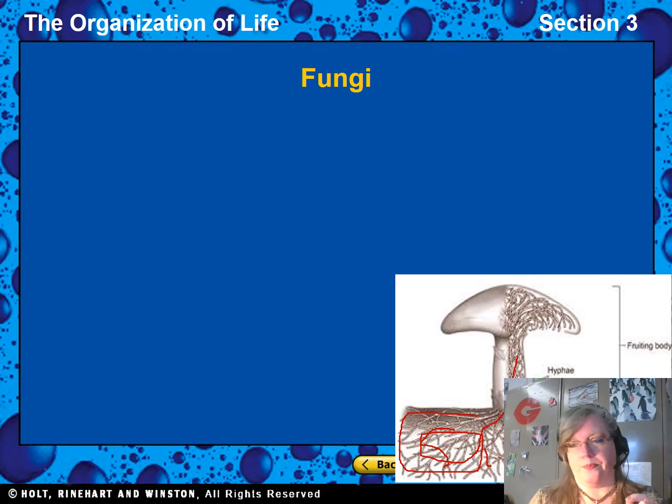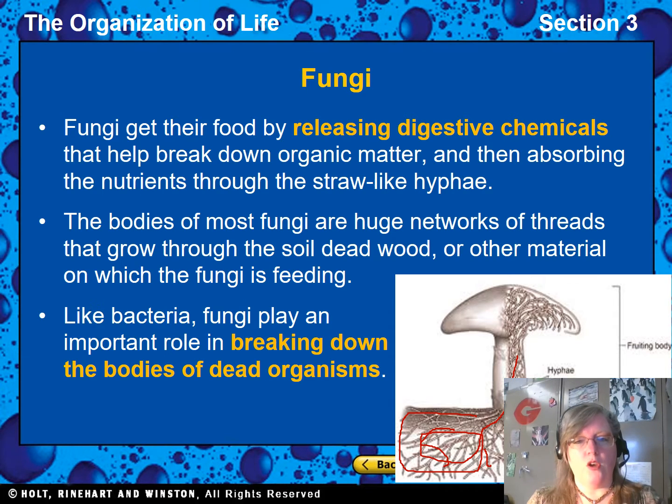So the way that mushrooms eat is kind of weird. What they do is they almost spit out digestive juices down this straw. Then the digestive juices are going to rot the log or whatever it is that they're on. Once it starts to rot, they suck it back up the straw, and that's how they get the nutrients.